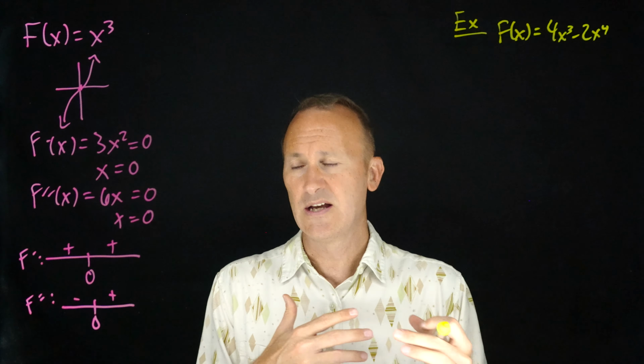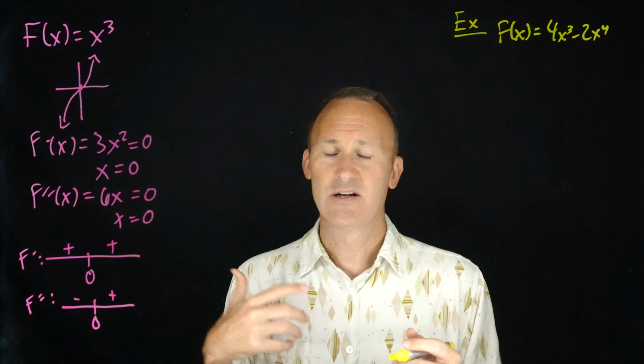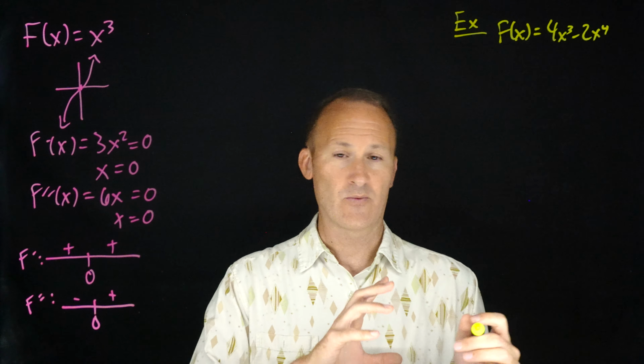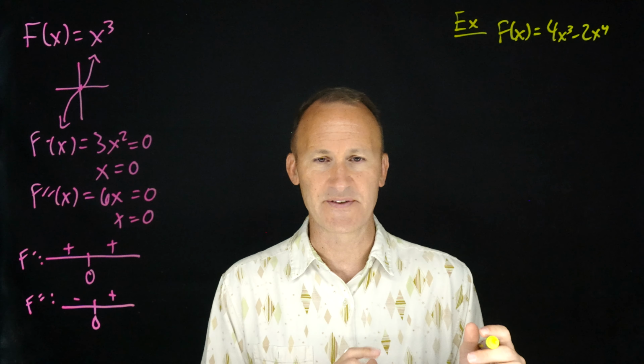Maxima or minima or neither for f prime, and points of inflection for f double prime. So really good exercises. To graph this, we're going to use all of the calculus tools that we have in terms of taking derivatives and second derivatives, and then we'll look at what else we need to put it all together.